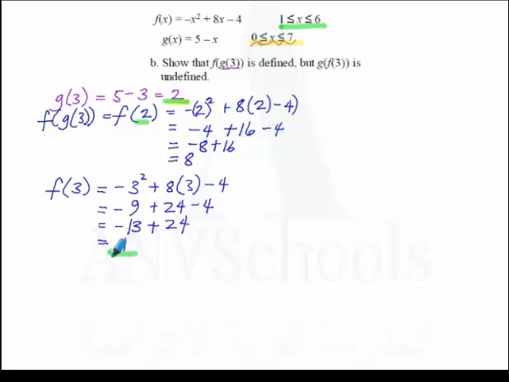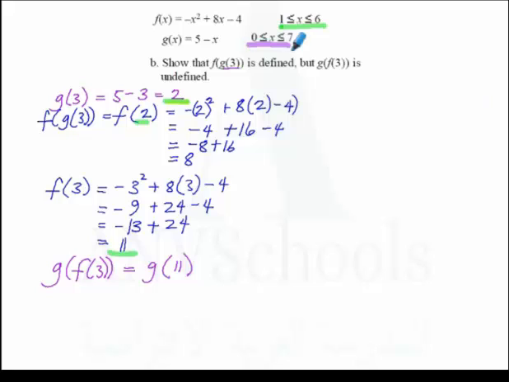We will not go further to g of f of 3 computations. Why? Because as you can see, our f of 3 is 11. And for us to define g of f of 3, that will be equal to g of 11. And as you notice, 11 is not within the restricted domain of our g of x.